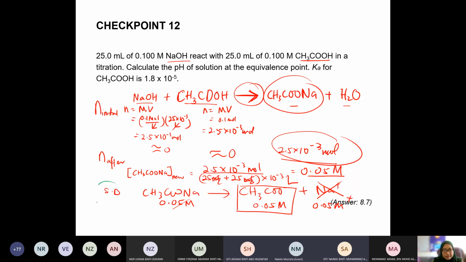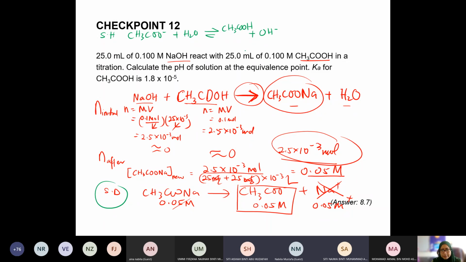Okay, alright. So this is the salt dissociation kan. So next will be salt hydrolysis. CH3COO minus plus water reversible. Just now kita predicted that it should be basic, right? So you prepare OH minus siap-siap dekat situ. Is it basic? Yes. Okay, it should be basic. So this one should be CH3COOH.